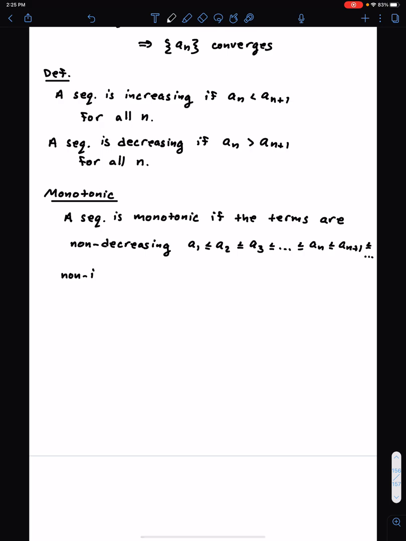Non-increasing: A1 is greater than or equal to A2, which is greater than or equal to A3, which is greater than or equal to A sub n, which is greater than or equal to A sub n plus 1, and so on.